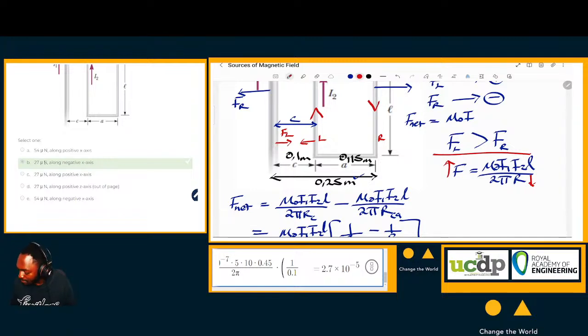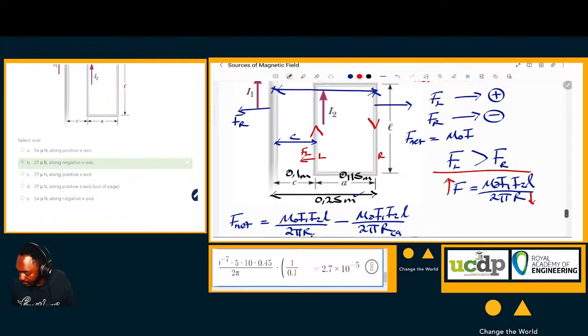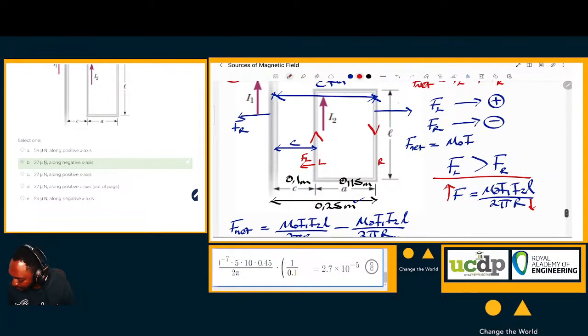So the pulling effect towards the left side on this loop, FL, is going to be greater than the movement to the right, this FR, which means the movement to the left would be greater than the movement to the right, just because the magnitudes of the forces are not equal.